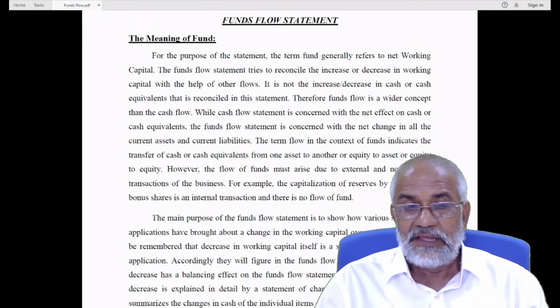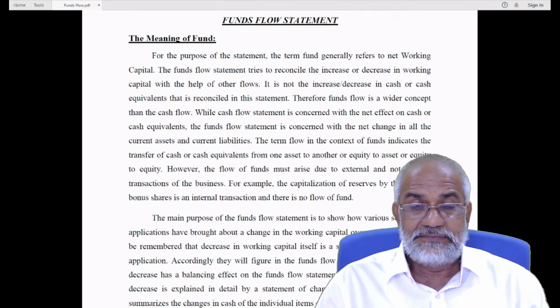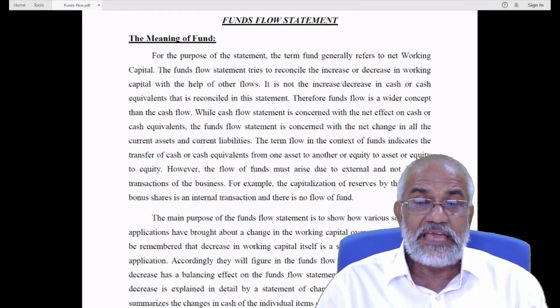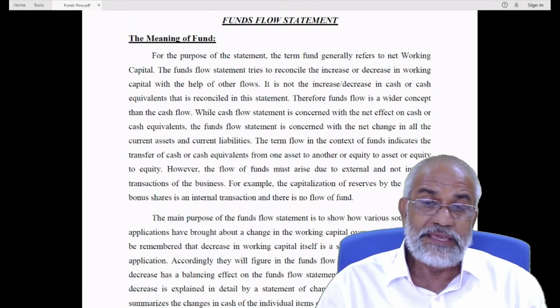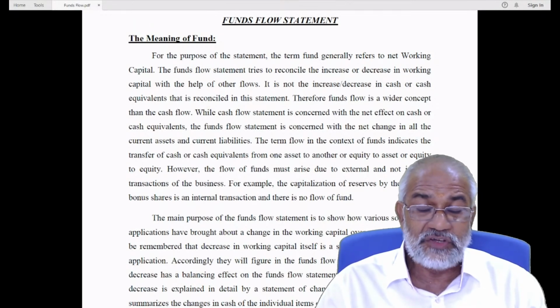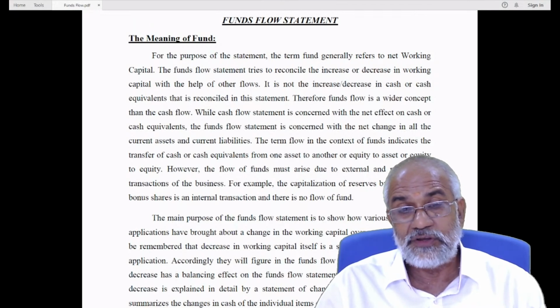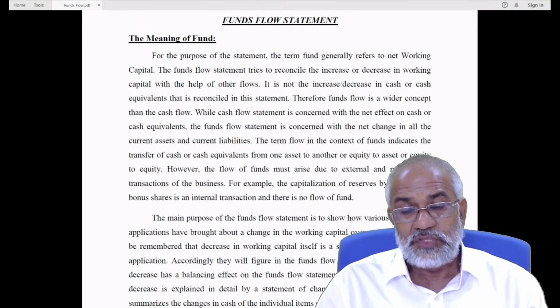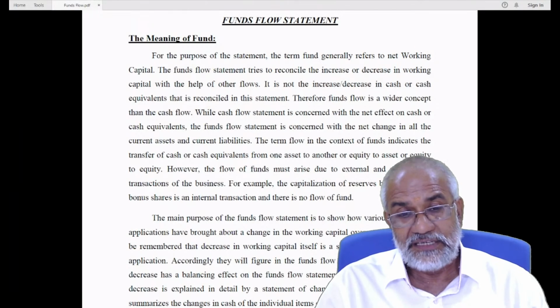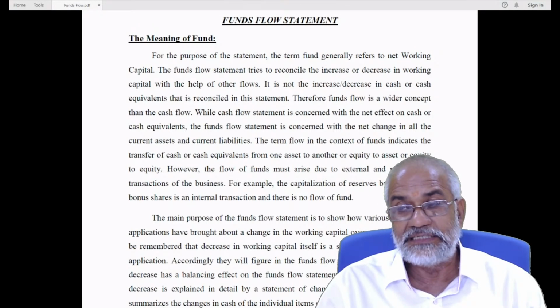How? When current liability, that means sundry creditor, is reduced by 3,000 rupees, and on the other hand, current asset is also reduced by 3,000 rupees on account of cash, because cash is paid to the creditors. So the equation of fund will remain the same, because 3,000 is reduced from the current liability and 3,000 reduced from the current assets.